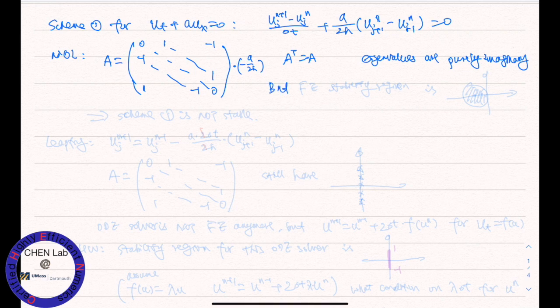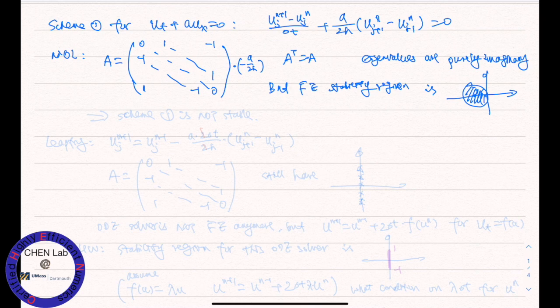But the forward Euler stability region is this disk, centered at (-1, 0) with radius 1.